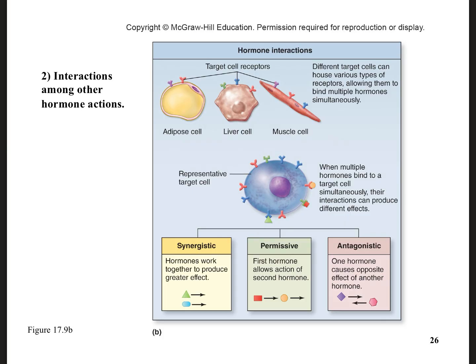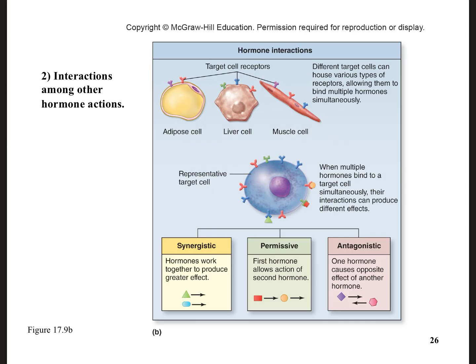Okay? The opposite to that: what happens if one hormone contradicts the action of another? That's antagonistic. So a cell will have the receptors for two hormones. One works against another, and they kind of prevent each other. All right, they work against one another.